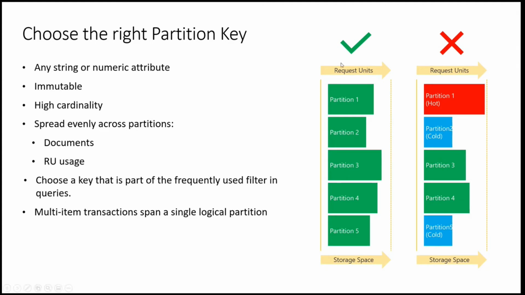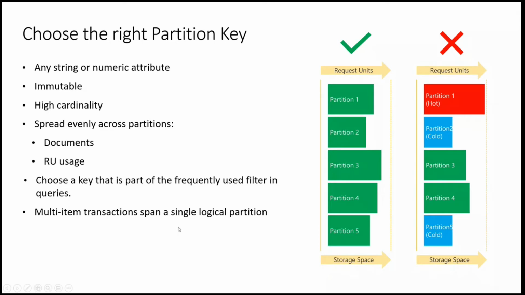So it should look like this, where there is almost equal distribution of the workload across the partitions in terms of the storage space as well as request units. And it shouldn't be like this, where there are a few hot partitions or hotspots and a few cold partitions that get used not as frequently as the others, right?